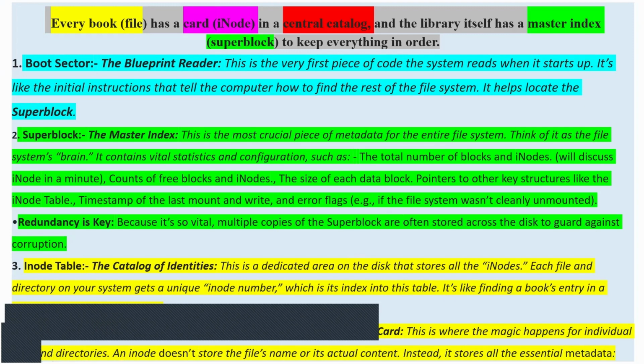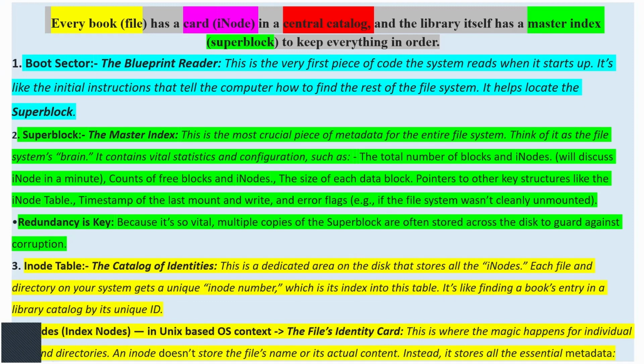Redundancy or redundant means it is very important or vital, and multiple copies of the super block are often stored across the disk to guard against corruption, so that the file will not be corrupted, or these things can be controlled. So multiple copies of super blocks can be stored across the disk to guard against the corruption of any particular file, right? So that is why redundancy is the most important key to understand.